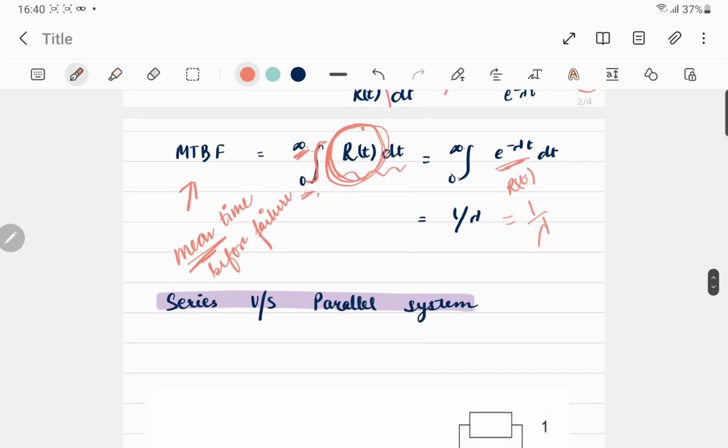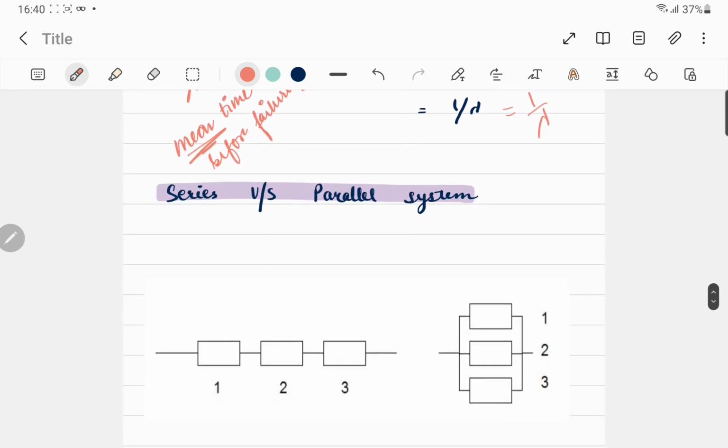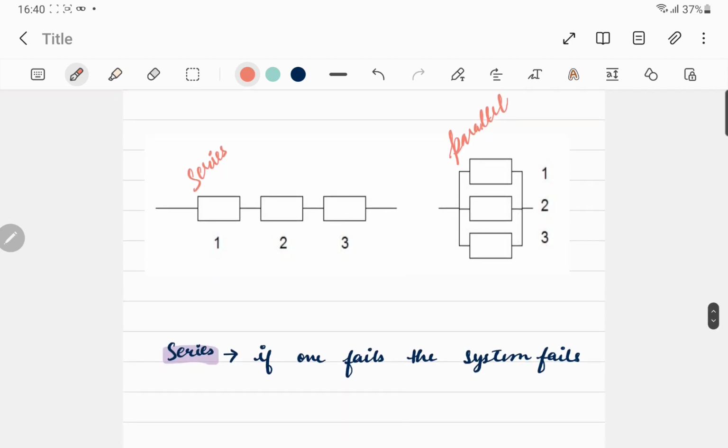Now we will discuss series and parallel systems. So we all know what a series system looks like. This is a series system, and this is a parallel system. Now, in a series system, we have learned in our earlier school classes that if one unit fails, the entire system is bound to fail.